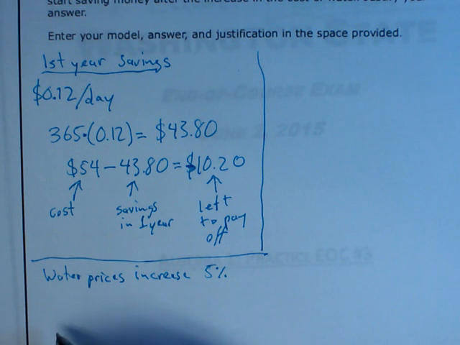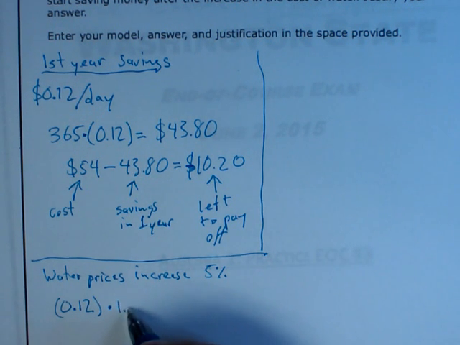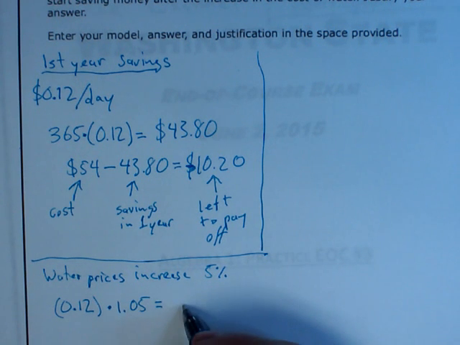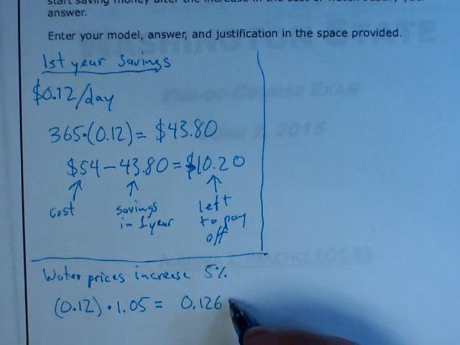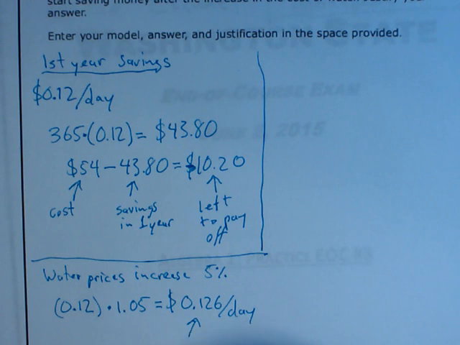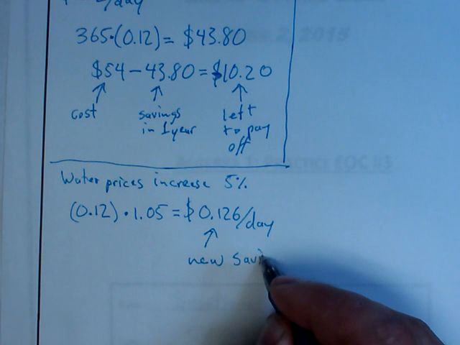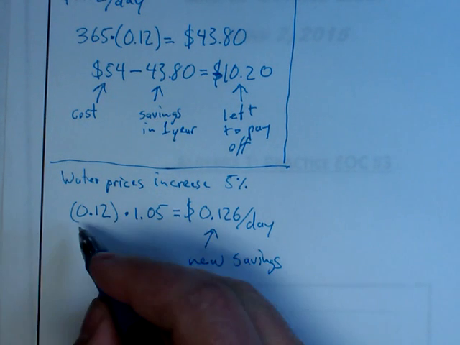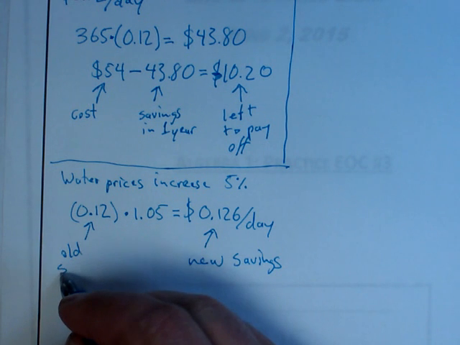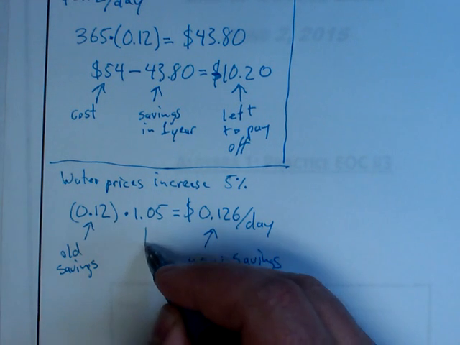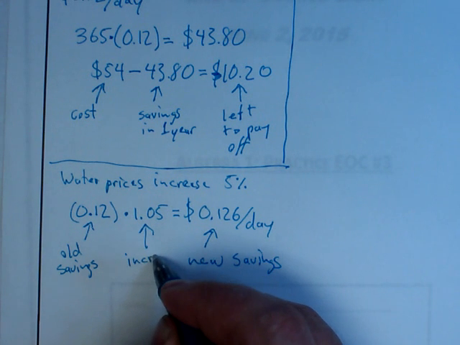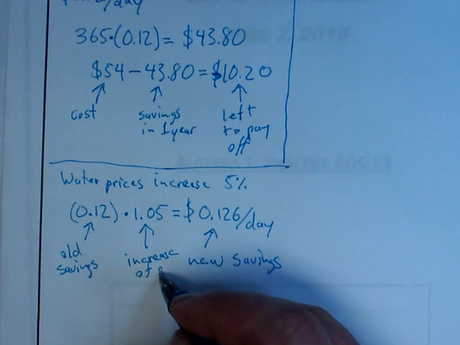So 0.12 times 1.05 gives us 0.126 dollars per day. This is the new savings. This is the old savings. This is the increase of 5%.